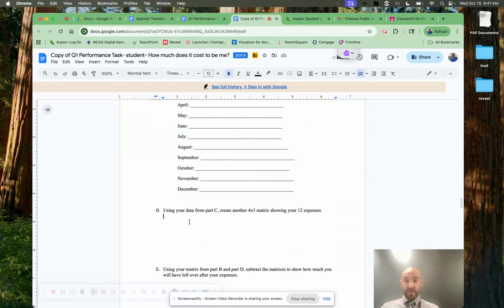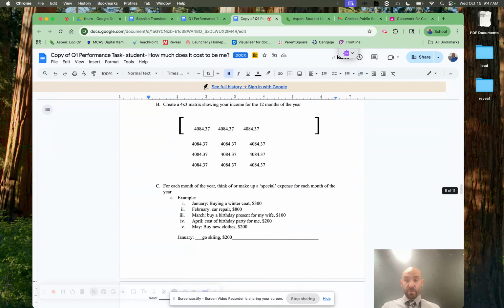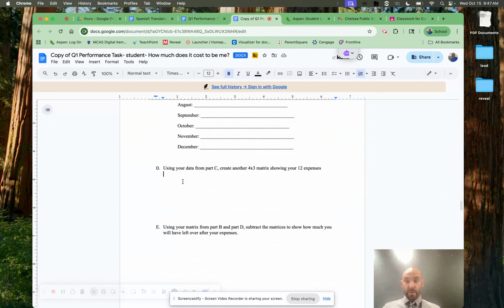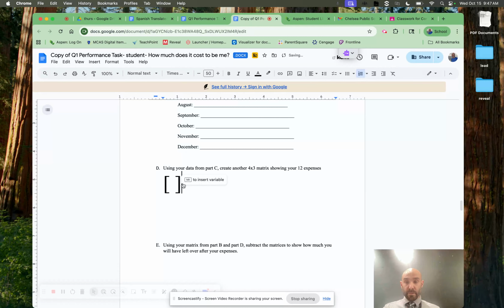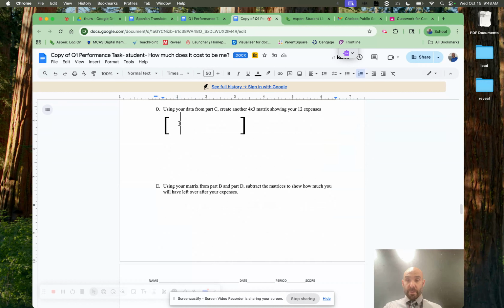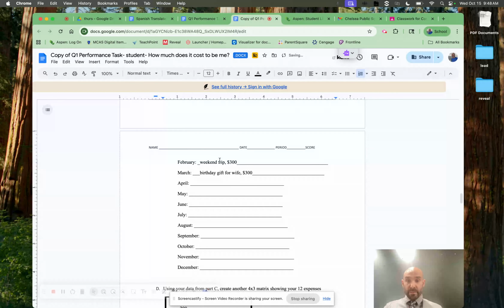Alright, and then down here, this is where you're going to make a matrix of the amounts you just came up with. So I'm going to have a 4x3 matrix. My first number I have 200. So I'm going to put first number here, then my second number is going to be 300.